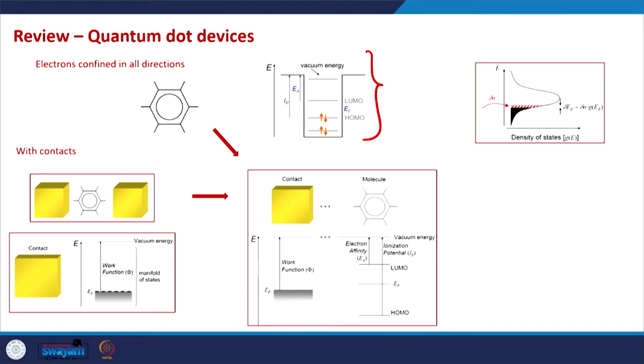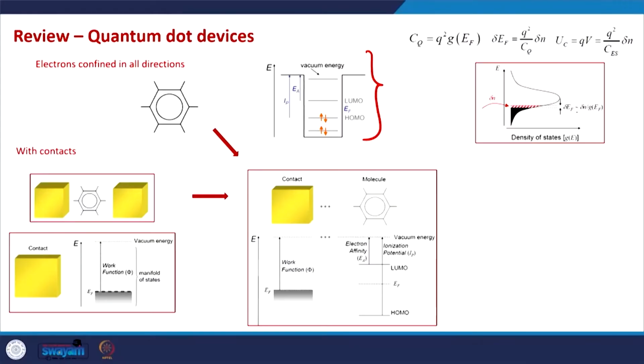So when the contacts are of bulk metal and we have a quantum dot in between, then in equilibrium, the change in the Fermi level happens because of two processes. One is the quantum capacitance and second is the electrostatic effect. So when there is a change in the number of electrons on the quantum dot, just because of the change in the number, the Fermi level might change, and this is accounted for by the quantum capacitance.